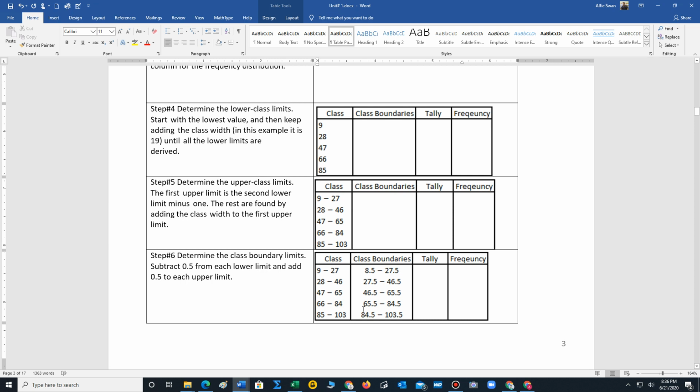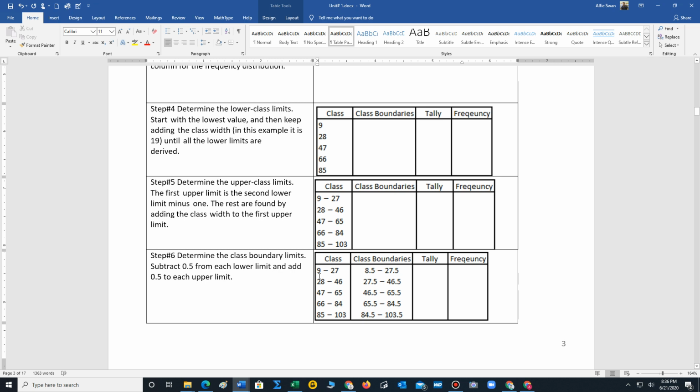In the future, we're going to have to graph these frequency distributions. So we have to close the gaps between the classes. So there are some gaps between 27 and 28, 46 and 47. To do this, we will subtract 0.5 from the lower limits and add 0.5 to the upper limits.